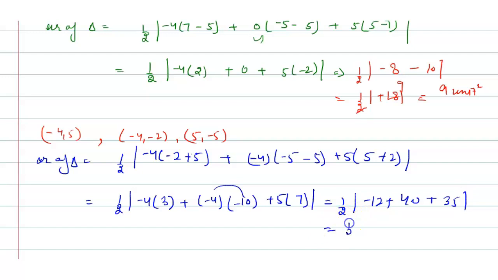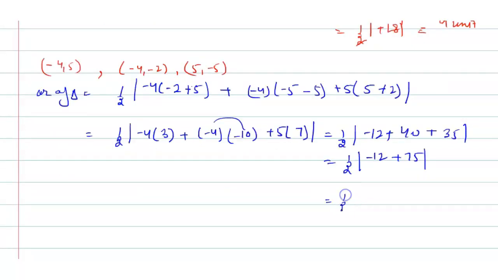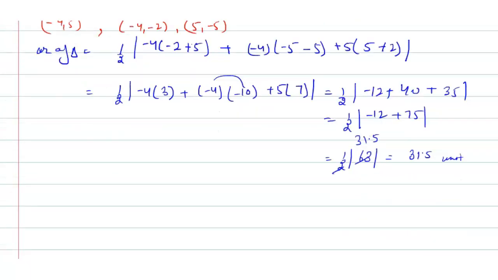Now simplify this, half of (-12 plus 40 plus 35 is 75, and 75 minus 12) we will get half 63, and 2 3s are 6, so 31.5. So the area of the second triangle is 31.5 unit square and the first triangle is 9.